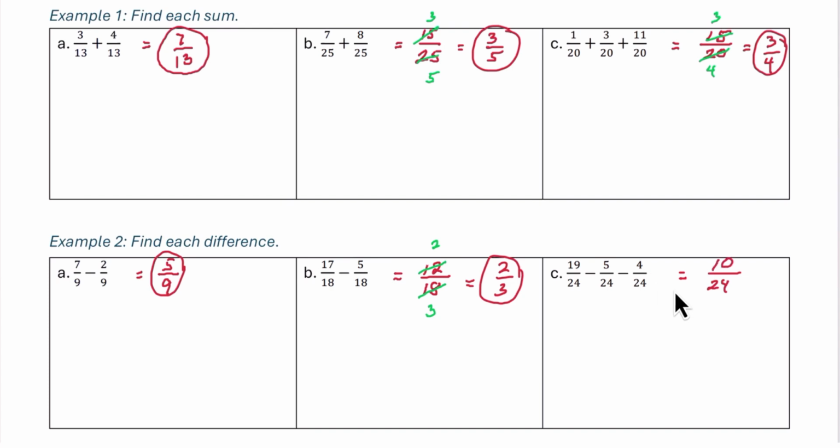So we have 10/24. But this can reduce. Notice that both are divisible by 2. They have a GCF of 2. So we'll divide 10 by 2 to get 5, divide 24 by 2 to get 12, which means this fraction reduces to 5/12.